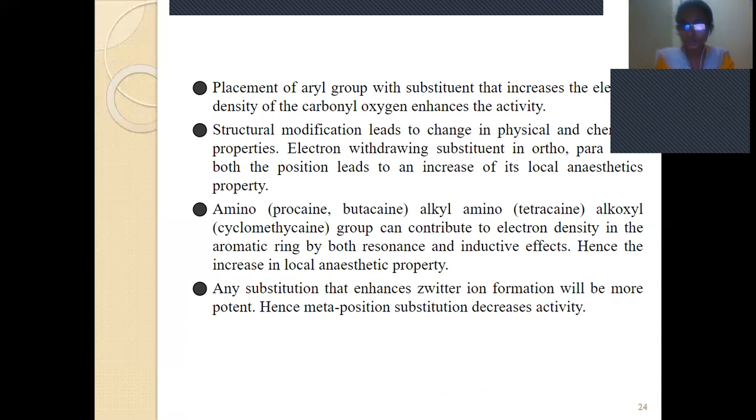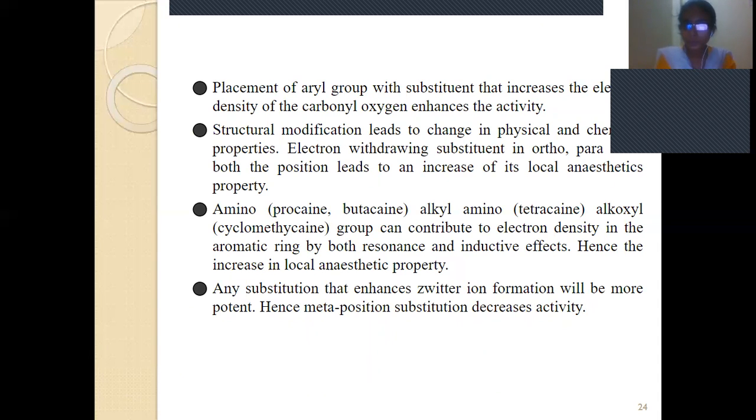If an electron withdrawing, meaning electron accepting, group is present in the ortho or para position, or at both positions, it will increase the local anesthetic property.